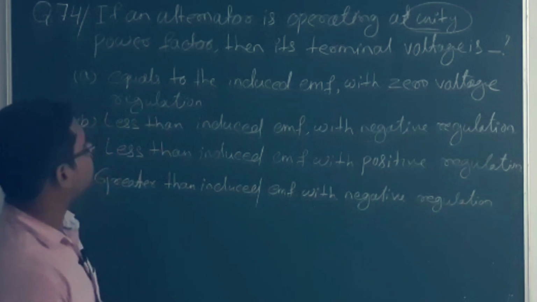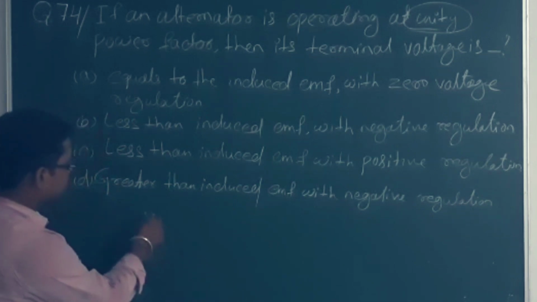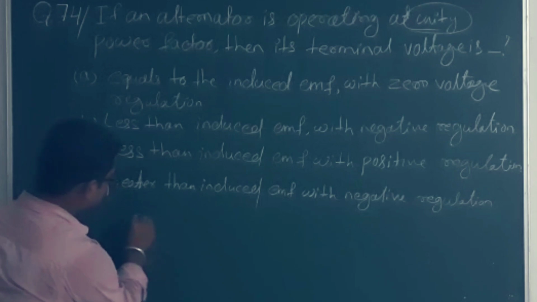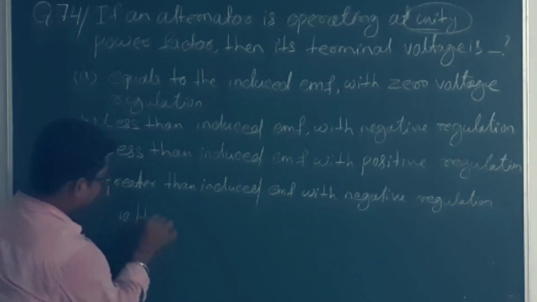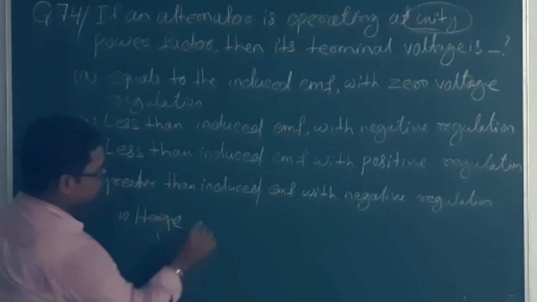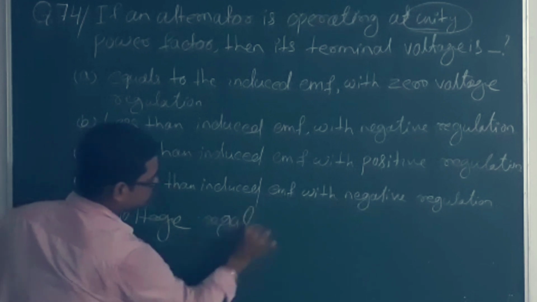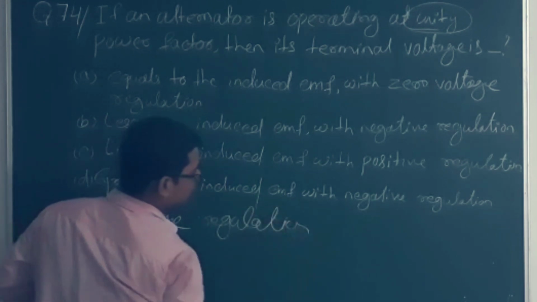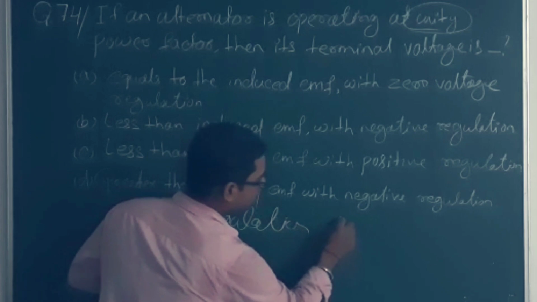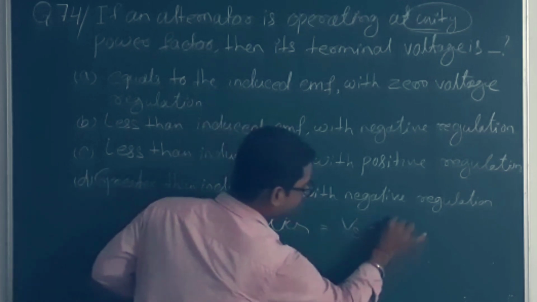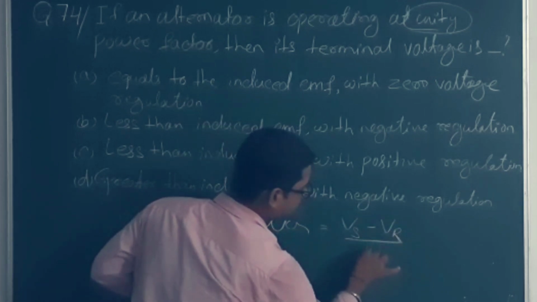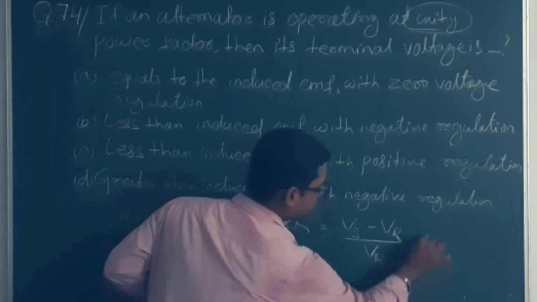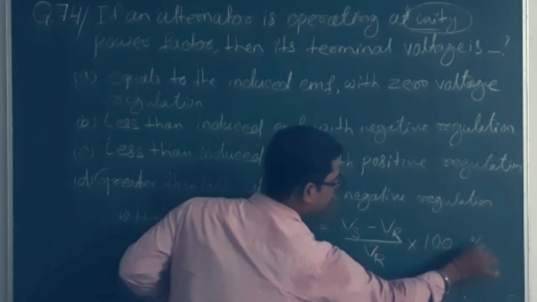Voltage regulation is sending end voltage minus receiving end voltage divided by receiving end voltage into 100, in percentage.